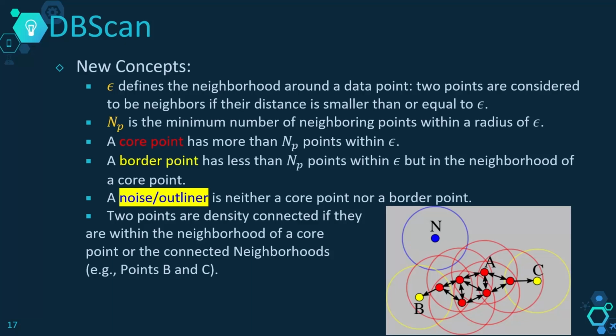Or if this one is connected to the other one and connected to the other one, eventually we can use a chain rule, saying that this one is connected to this one as well. The 2 yellow ones are connected to different core points, and these core points are densely connected as well, so we can apply the chain rule. These new concepts may be a little bit hard to understand, but they help us implement the DBSCAN framework.